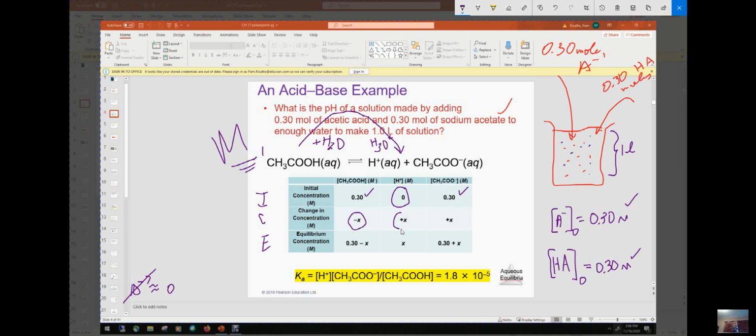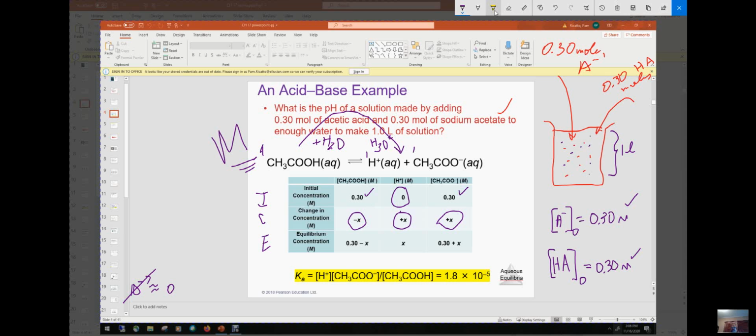The stoichiometry says you get plus X. Look, one of these gets used up, one of these guys gets created. And at the same time, I create one of these guys. So it's 1 to 1 to 1 stoichiometry. Minus for reactants, plus for products.